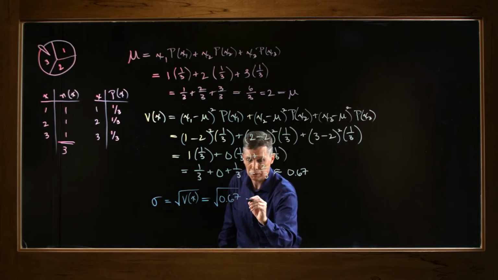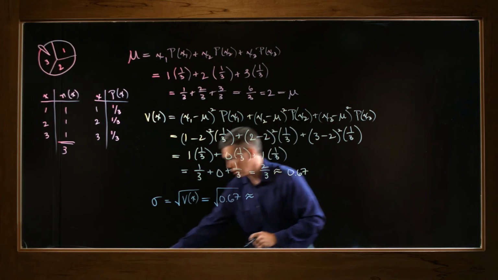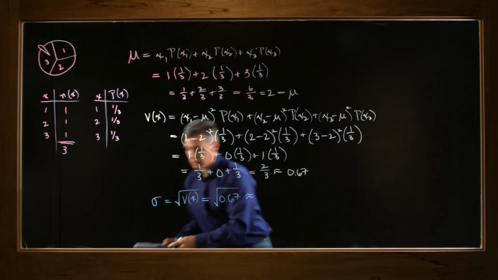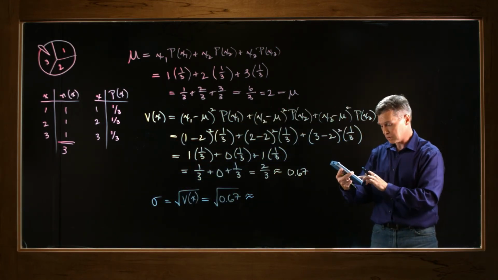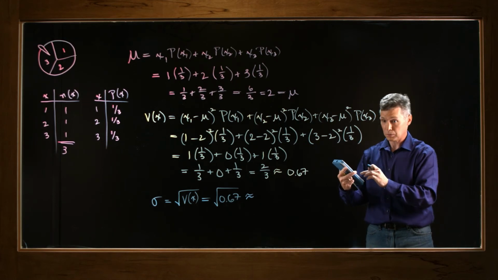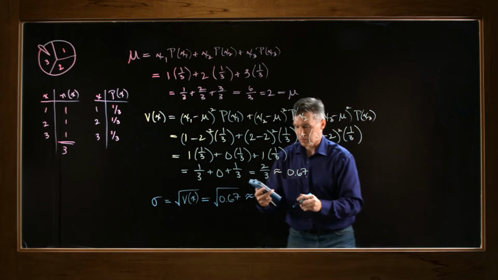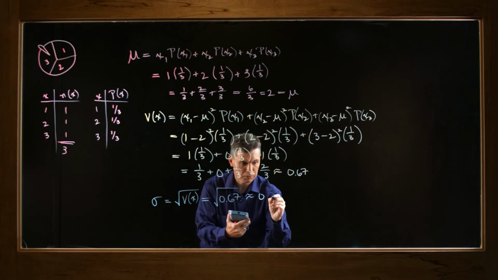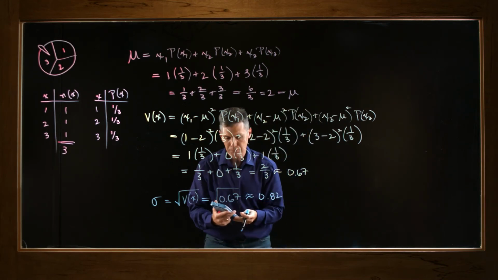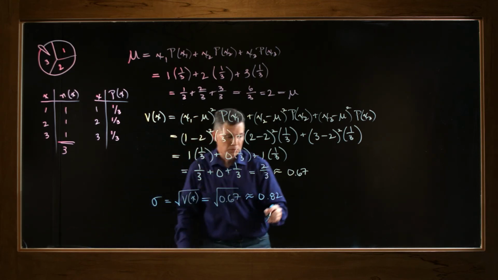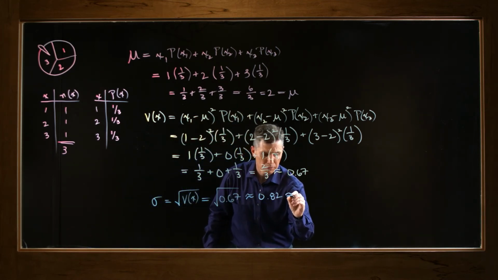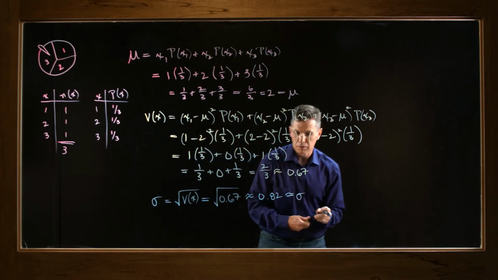I can do the fraction as well. Then probably a calculator to find the square root of 0.67. So we're just doing square root, 0.67, and we get 0.82. So we have that as our standard deviation.